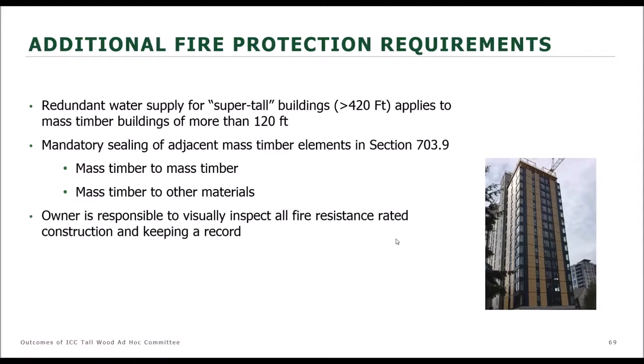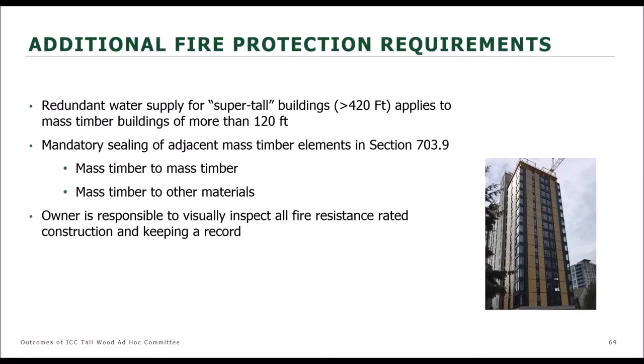And then finally, this non-combustible protection on mass timber elements is very important. So what if someone who's using the building decides to remove it? The committee said, let's put a provision in the fire code that requires owners to document their maintenance of the non-combustible protection on the mass timber so that they have a record of it if something is damaged or removed and a fire official makes an inspection of the building.